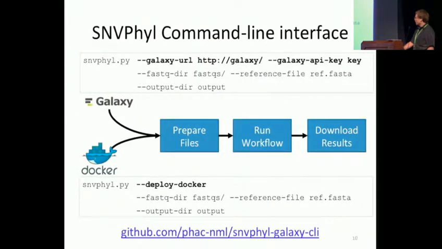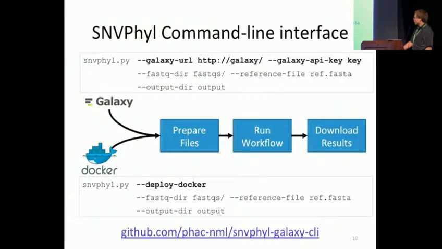In addition, we've also developed a command line interface around our SNVPhyl pipeline. The idea here is I wanted to more support batch execution or integration with other systems. So this is a Python script where you can pass in a directory of your FASTQ files, a reference genome, override a couple of key parameters, and then you can pass in either your Galaxy credentials and have it automatically upload all your files to a Galaxy instance, prepare dataset collections and execute a workflow and download results at the end.